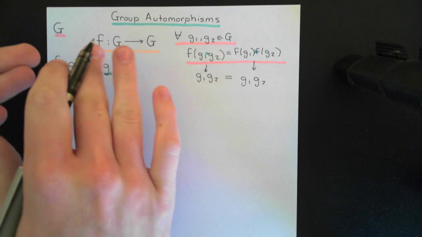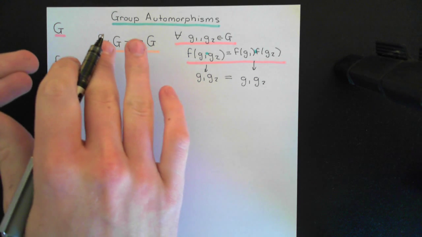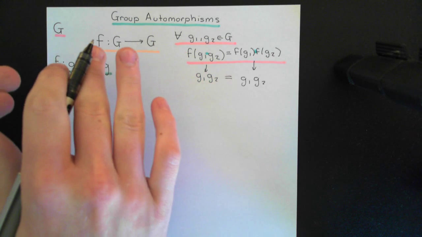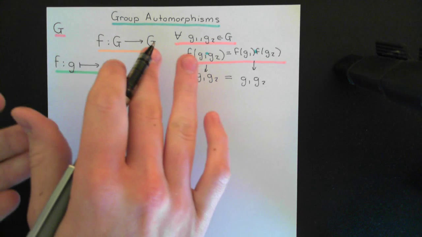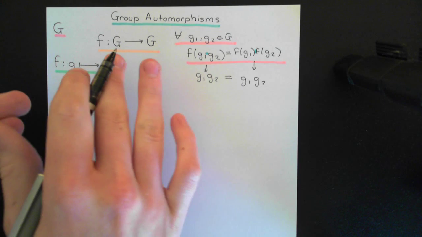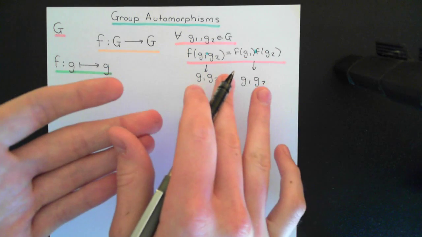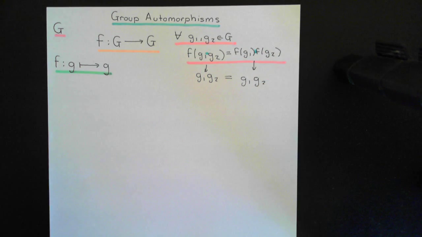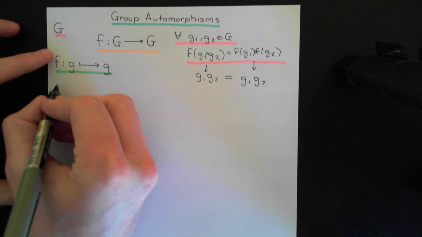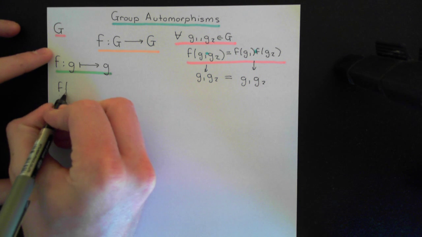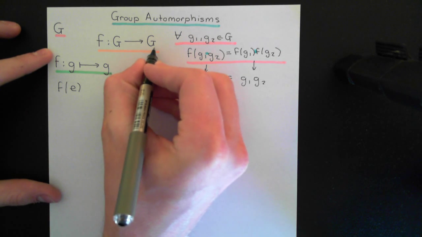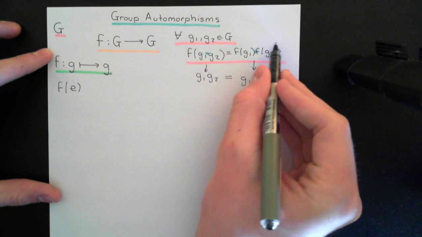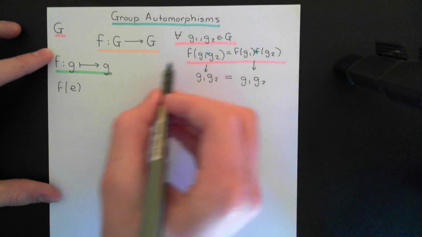It's a very special group isomorphism because it's between the group and itself, but it's still a bijective mapping of a group onto another group, and it must obey this criterion. Whenever we have an isomorphism, it must map the identity in the domain onto the identity in the codomain. This criterion makes this absolutely necessary.